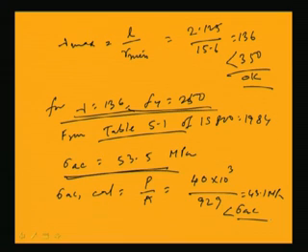So, the design is safe. Okay. The design is safe because the calculated compressive stress is 43.1 MPa and the allowable compressive stress is 53.5 MPa. Now, I can find out the load carrying capacity.